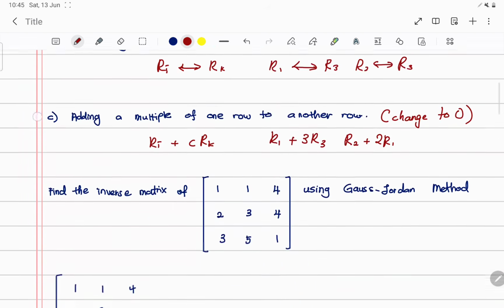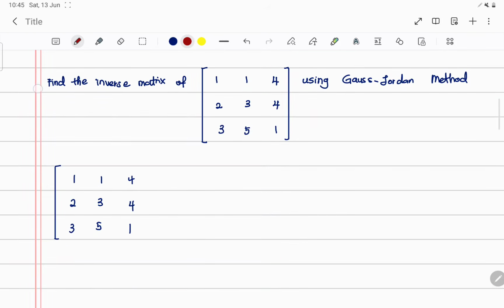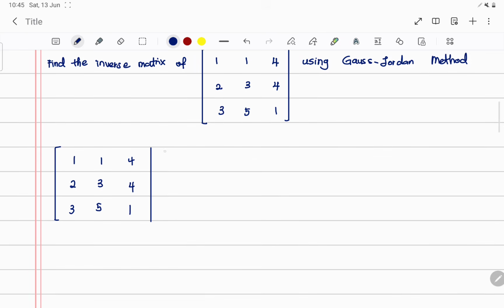Why? Because when we want to solve using Gauss-Jordan, the first step is to copy the 3 times 3 matrix. Then in the middle, you write a straight line like this, and next to it you write the identity matrix. You know what the identity matrix is, right? 1, 0, 0, 0, 1, 0, 0, 0, 1.